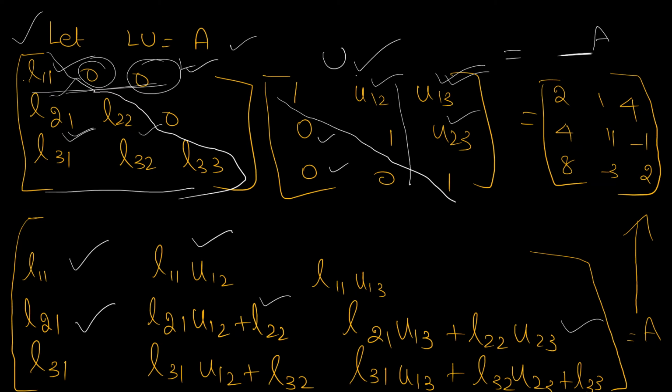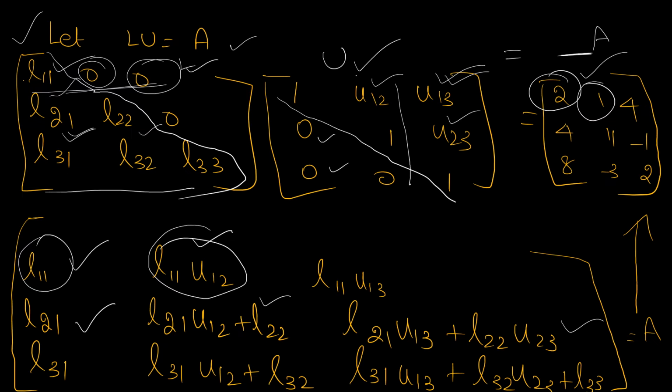What is A? 2, 1, 4. Now if you see here, the corresponding L11 is nothing but 2 here. We are just equating the corresponding values. So L11 is 2. What is L11 U12 in this place? That is first row, second column. We have 1. Similarly, what is L11 U13? We have 4. So we are going to equate these values.